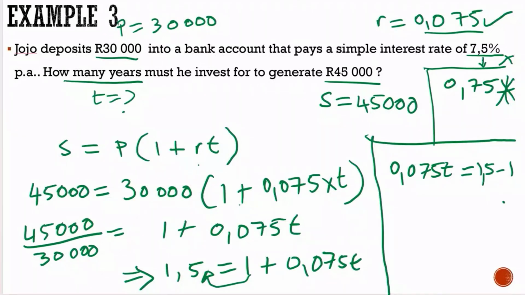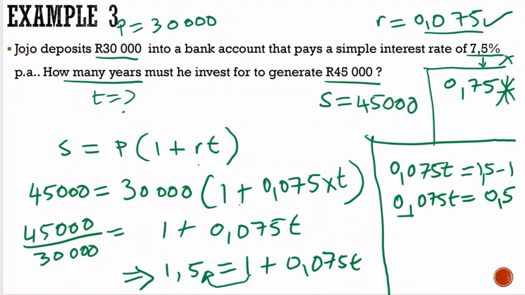So now you just simplify. Let me do this in case there are some who have forgotten how we do this. So this is going to be 0.075t equals 1.5 minus 1, which gives you 0.5.